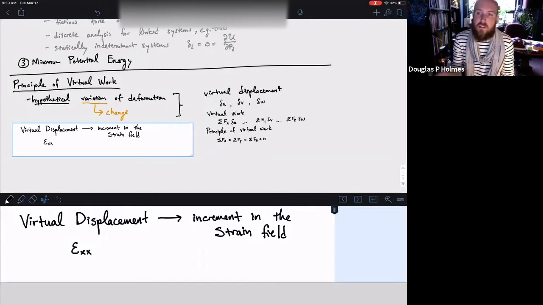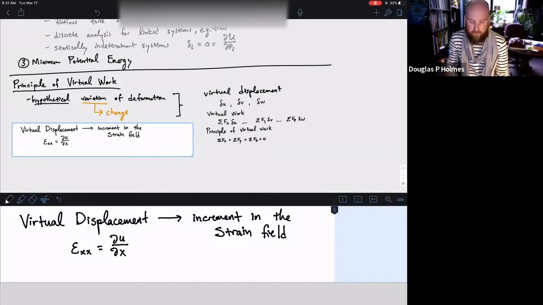So if I want to consider that, I would have to take the variation of epsilon. So I'm going to write my delta in front of it. Actually, let me do something different here. I'm going to erase this for now and say the actual strain is this, the partial derivative of u with respect to x.